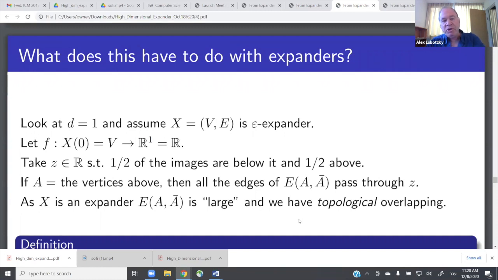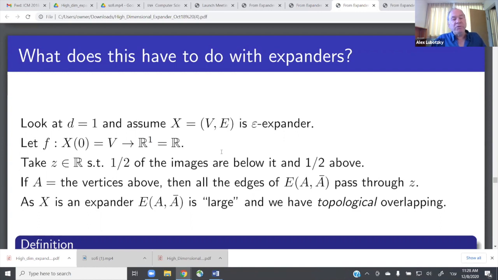And assume you start with a graph X, which is just vertices and edges, and assume that this is an epsilon expander. Now let's see: does it have the overlapping property, the topological or the geometric overlapping property?